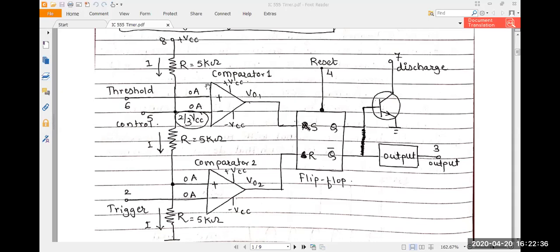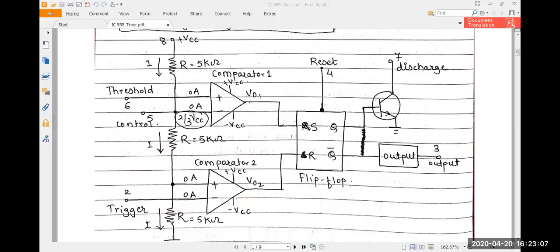As we all know, as these comparators are used in open loop configuration, the output of this can be plus VSAT or minus VSAT. The outputs of these comparators are given to the SR flip-flop.